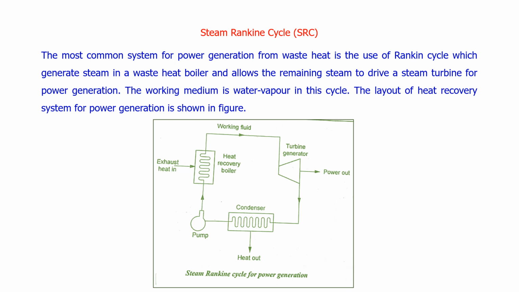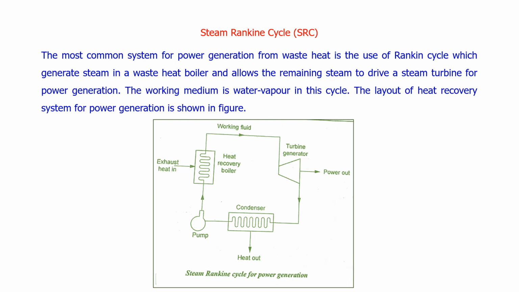That is, it will recover the waste heat which comes out from the boiler furnace as flue gas. That hot flue gas is used for heating the water to steam. So the working fluid here is steam. The high superheated steam will enter the turbine and generate the power.